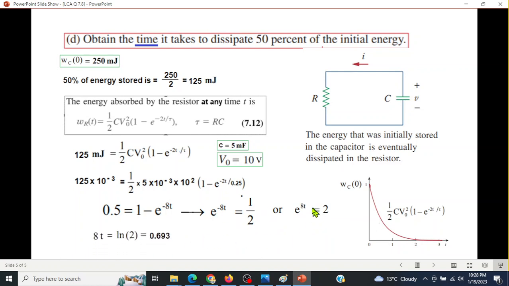Now we'll take help of log, taking log on both sides. So 8t is log of 2, natural log, and this is equal to 0.693. So from here, t is 0.693 divided by 8, and it is equal to 86.6 milliseconds.